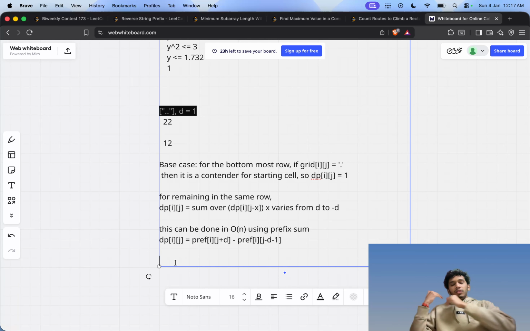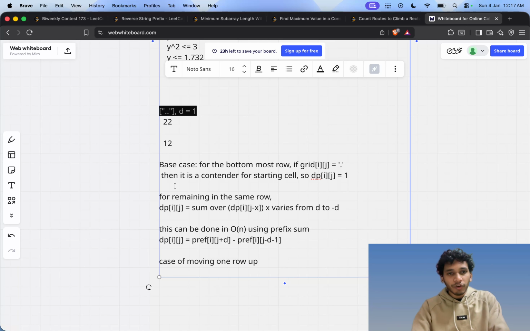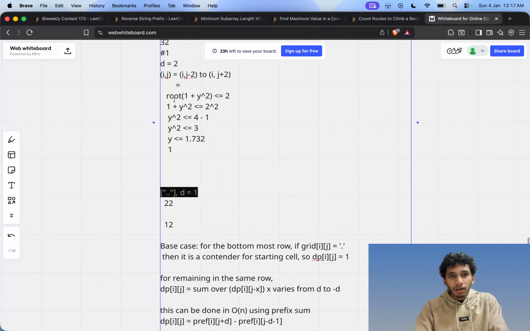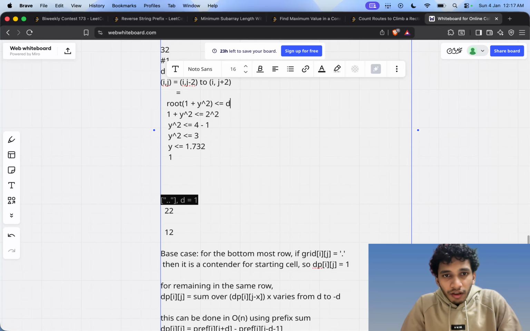Now another case is the case of moving one row up. For that we calculated like this. Let's say this 2 was actually the d here.